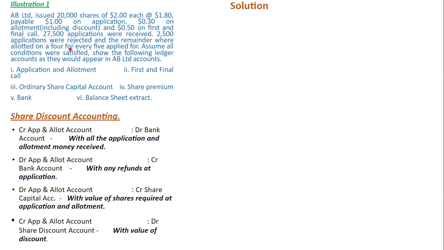It shows that of the 25,000, if we less 20,000, we get 5,000. So we had an excess on applications of 5,000. We need to take note of that 5,000 when we are calculating allotment monies. So having said that, we can now go into our solution to answer this question.